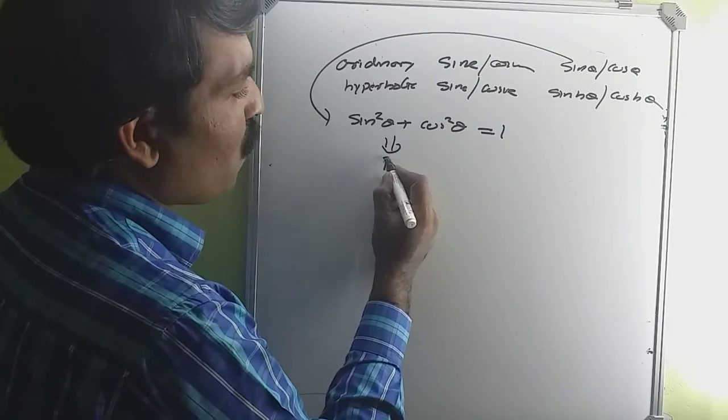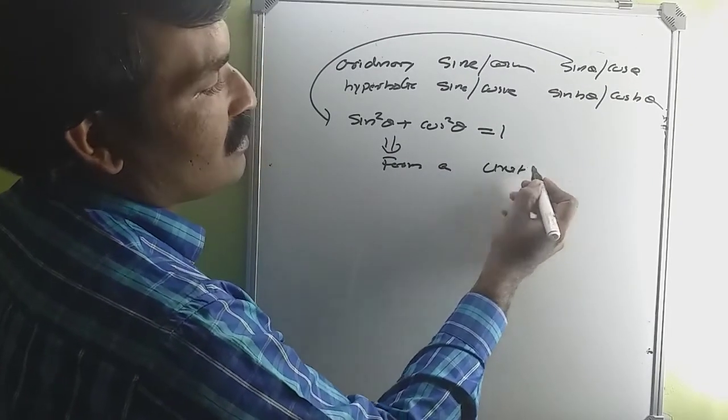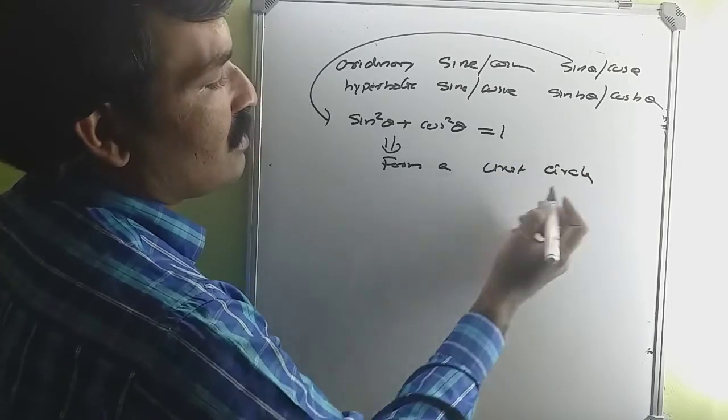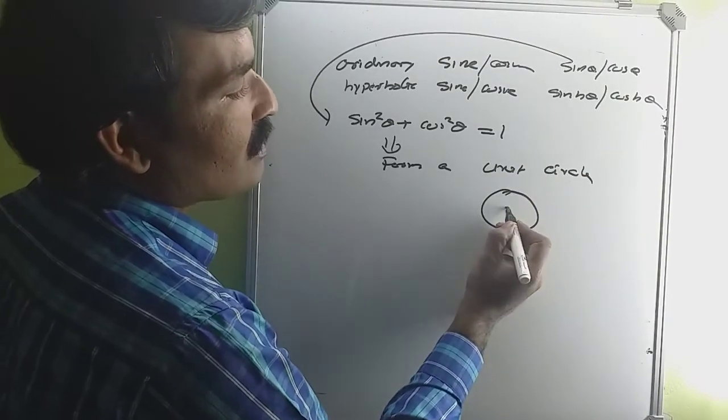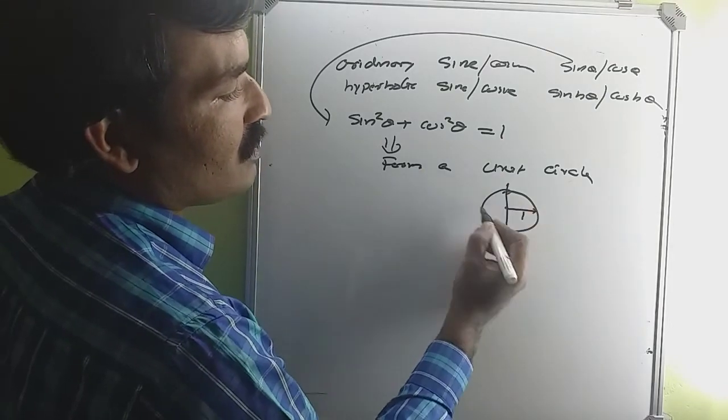This will form a unit circle, that is a circle having radius 1. This is our unit circle.